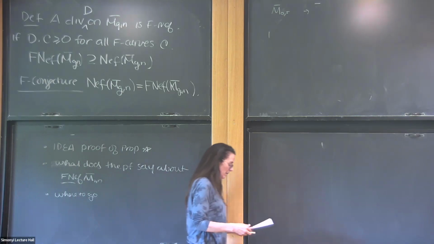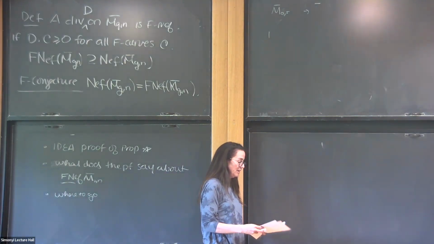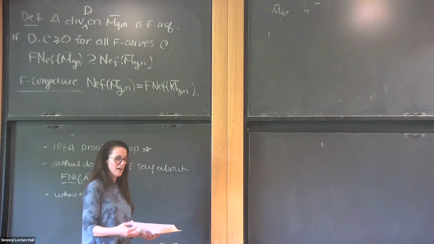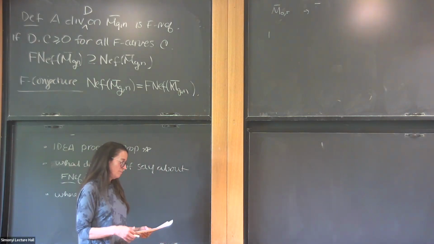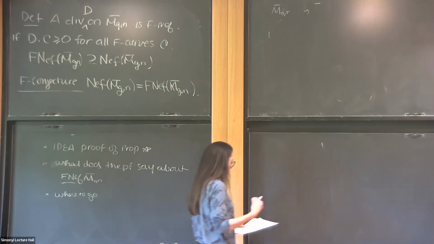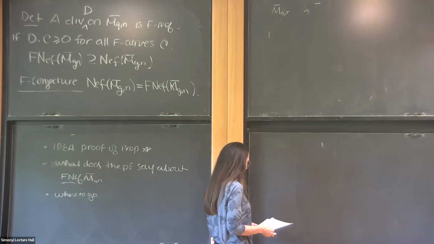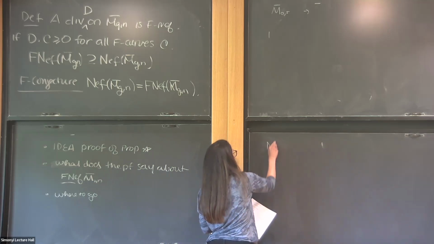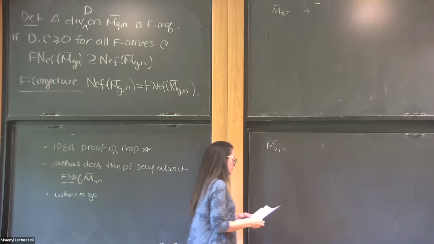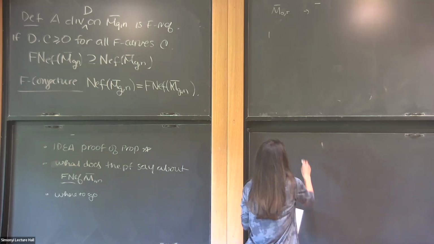So in order to get started, I have to say a little bit about divisors on M1n and M0,n+1. Let me tell you about a basis for each of them. On M1n, the rational Picard group is generated by the boundary classes.